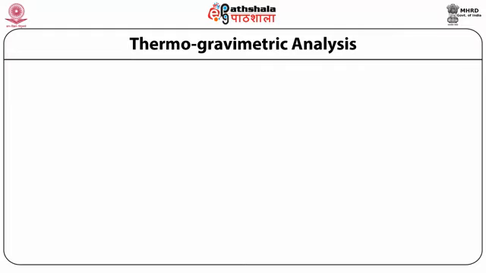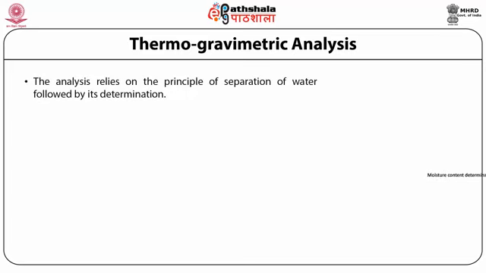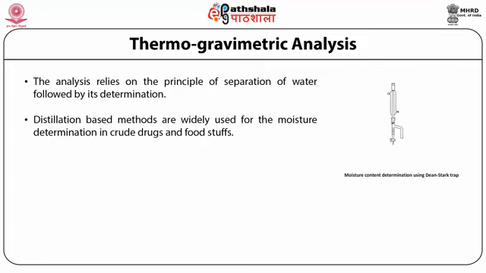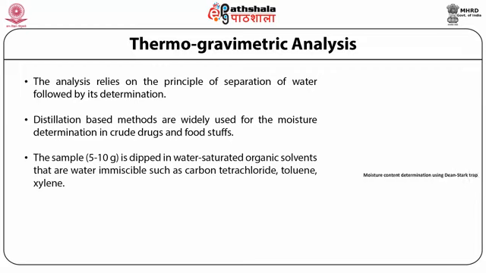The next method is thermogravimetric analysis, where the method relies on the separation of water followed by its determination. Usually distillation is used for the separation of moisture from crude drugs and foodstuffs. The distillation is carried out with water-saturated organic solvents like xylene, toluene, or carbon tetrachloride.